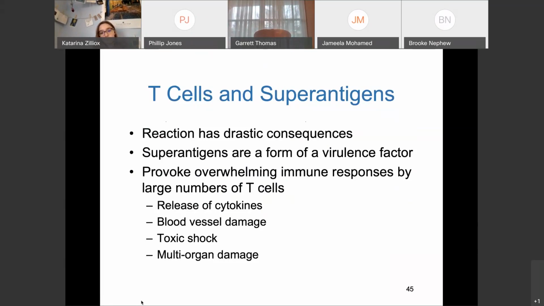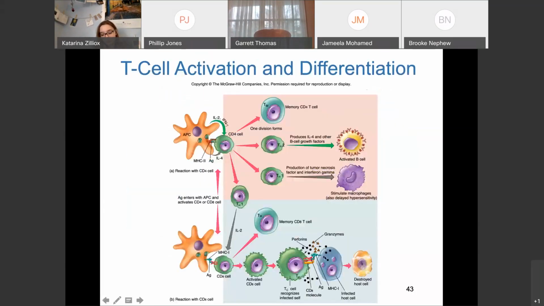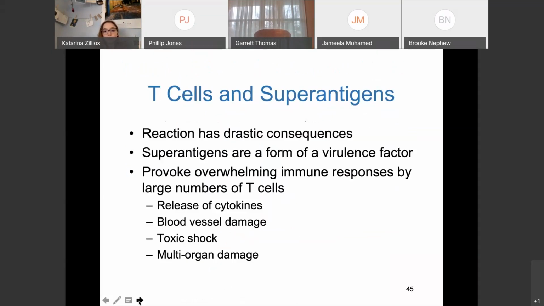The T cells get fired up. Before, they would find something foreign and attack it. Well, if I give it a super antigen, it riles them up, irritates them. They literally go in and any cell they come in contact with, they kill it. So it makes them go rogue. Yes, they go rogue. Absolutely.